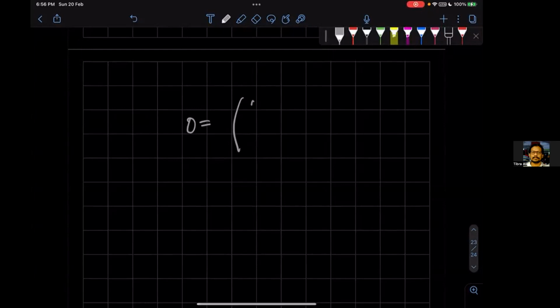It's a 3x3 matrix, so it has O11, O12, O13, then O21, O23.